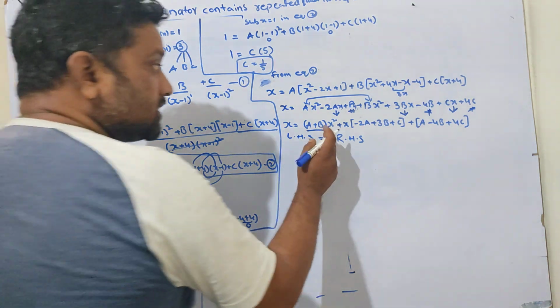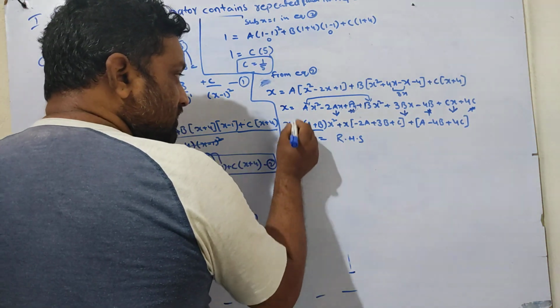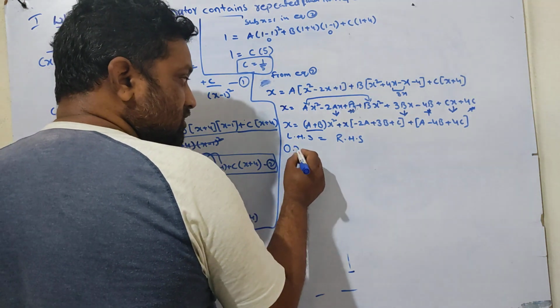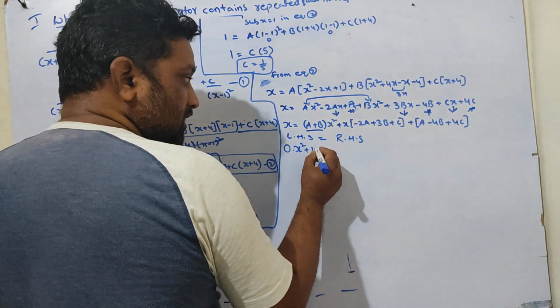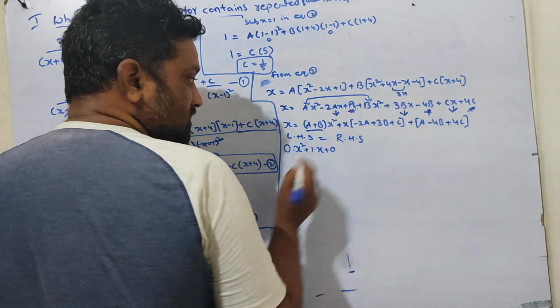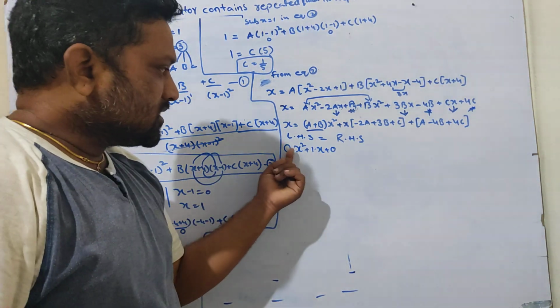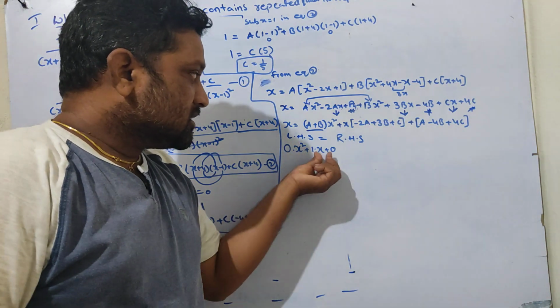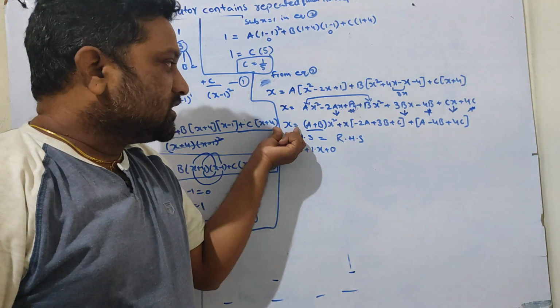So now we are comparing the x square coefficient. If we do not have the x square coefficient here, on the LHS side I am writing 0 into x square, 1 into x, plus 0. So 0 plus x is x, x plus 0 is x. At last we will get the x value.